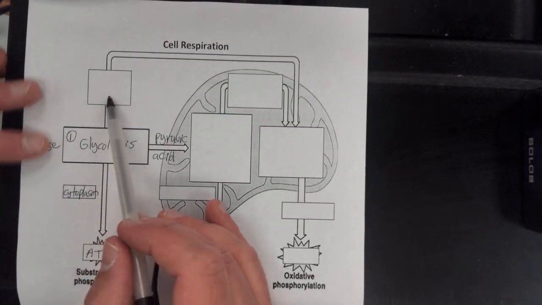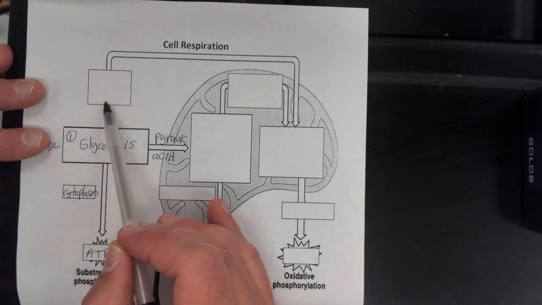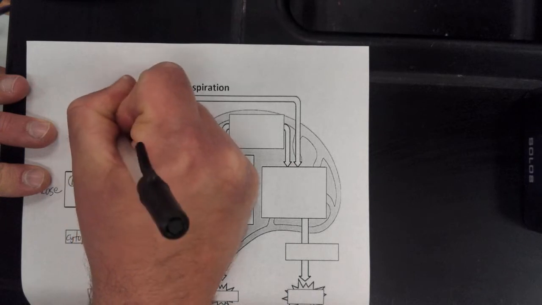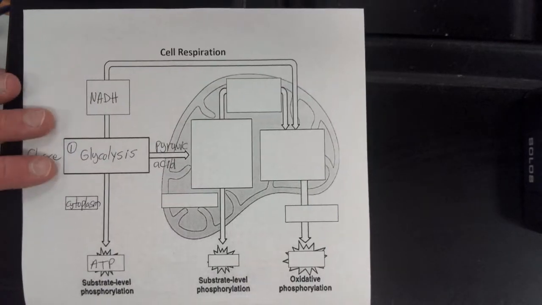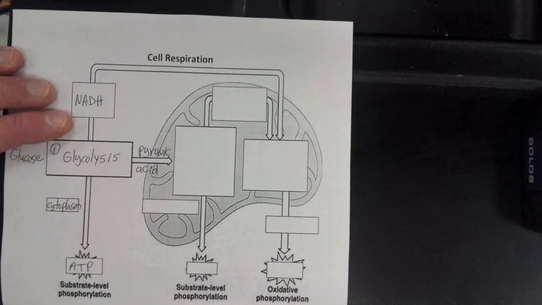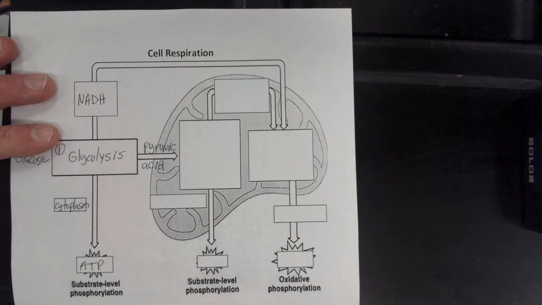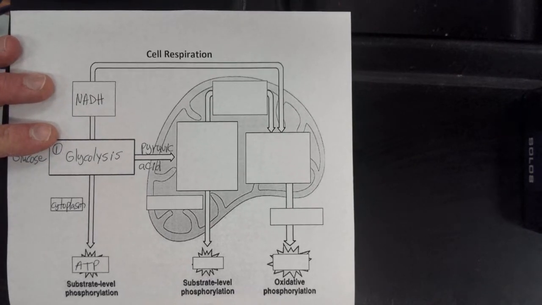And also, we're going to see some energy-carrying molecules being formed, NADH. So if you remember last time, NADPH was made in photosynthesis, very similar to NADPH. NADH is an energy-carrying molecule. It carries electrons.